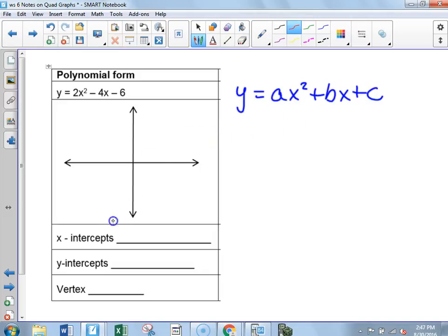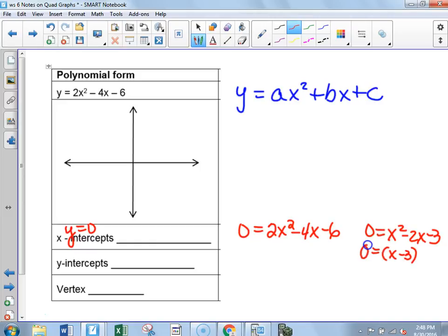All right. X-intercepts is when you set y equal to 0. So this particular one would say 0 equals 2x squared minus 4x minus 6. If I divide all that by 2, x squared minus 2x minus 3, does it factor? Minus 3 and plus 1, right?